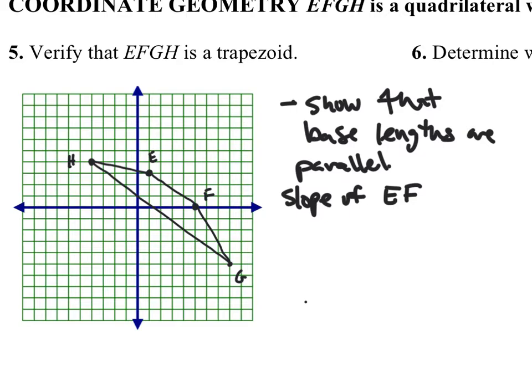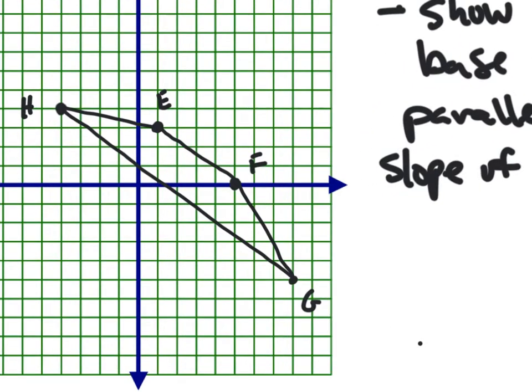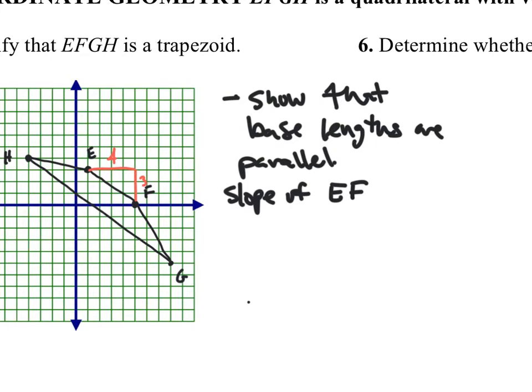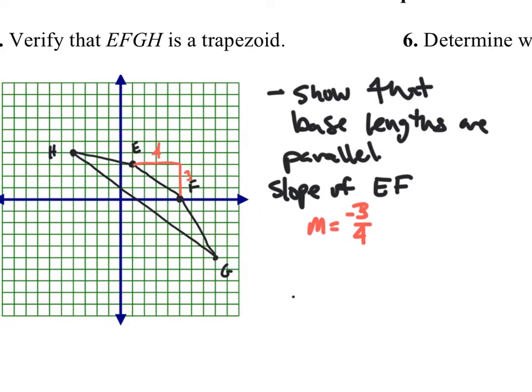I'm going to draw a right triangle. You can use the slope formula if you like, but I think it's easier this way. Go up 3, rise over run, so 4. So my slope for EF is going to be negative 3/4.